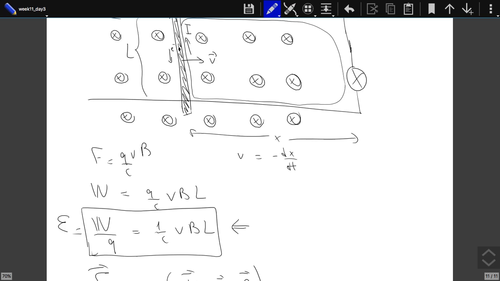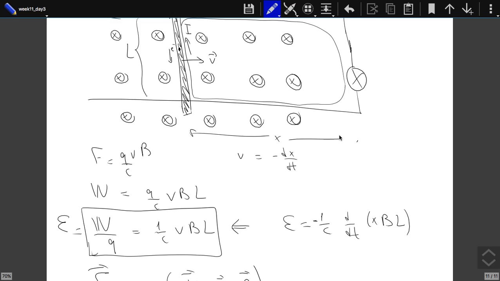Minus, because we define V to be the magnitude, which is positive, and with that choice of the direction of V, x is getting smaller with time, so dx by dt is negative. So this tells me that the EMF can be written as 1 over c d by dt of minus x times B times L.